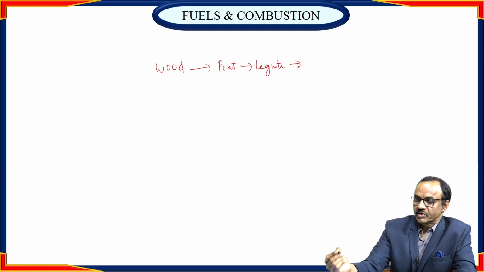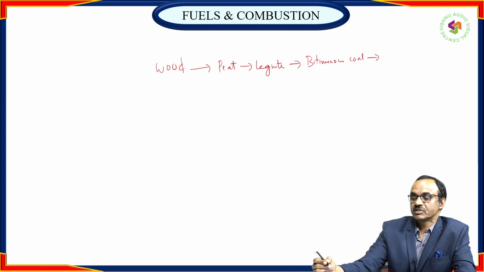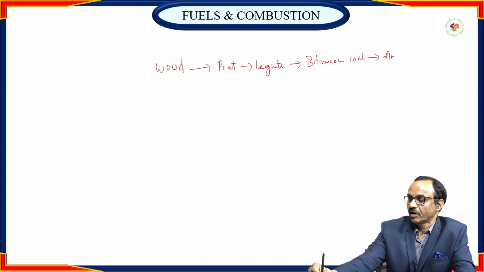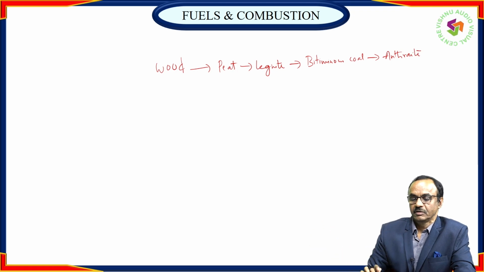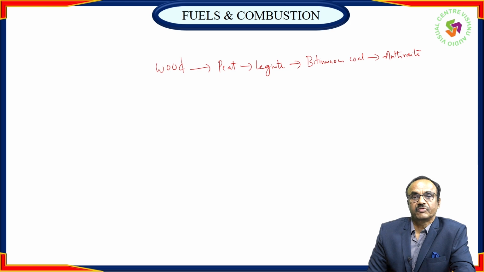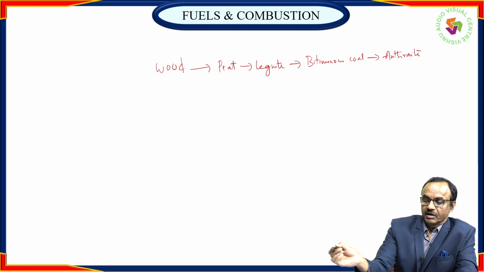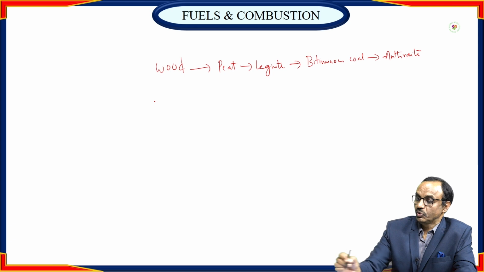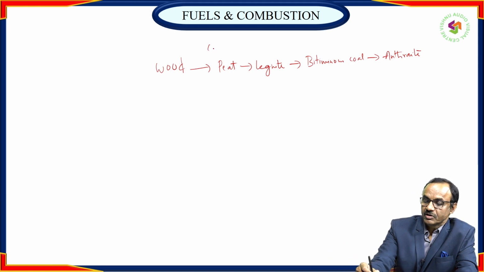The third stage is called bituminous coal. The fourth stage is called anthracite. These are the naturally abundant solid fuels. The process of conversion of wood to anthracite is called qualification.